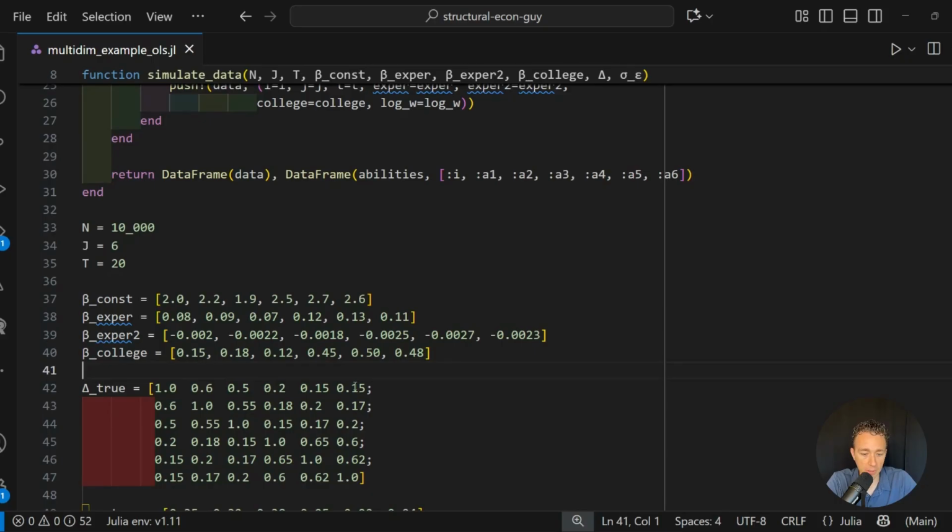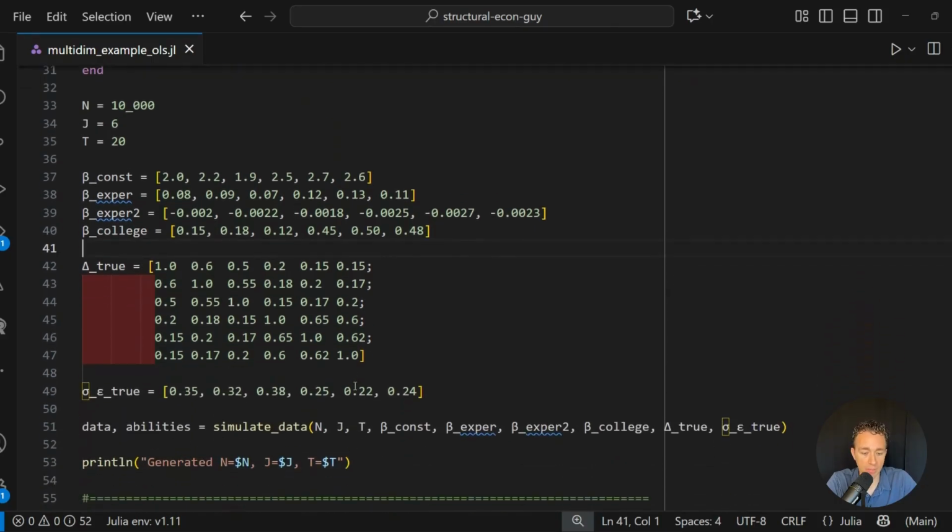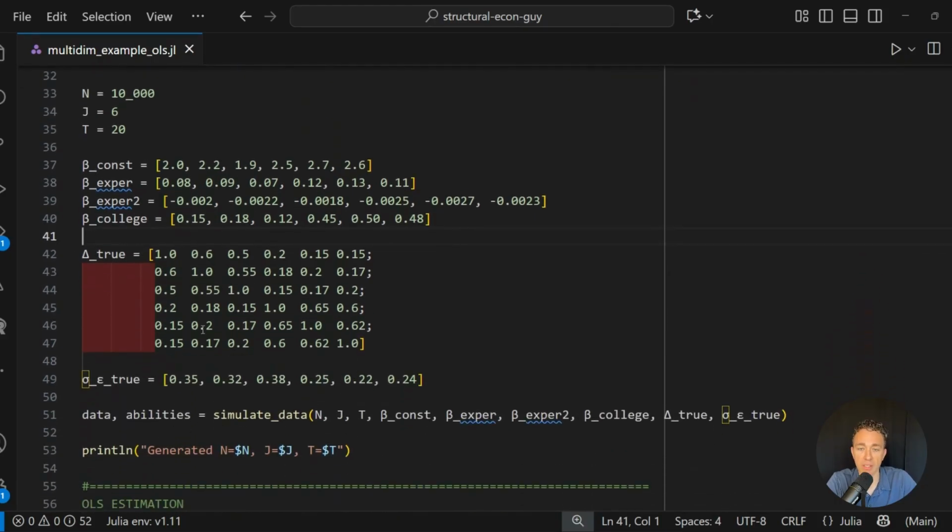And then I wanted to walk through what this 6x6 covariance matrix looks like. I wanted to set it up so that the first 3 occupations are highly correlated with each other, and the last 3 occupations are highly correlated with each other, but there's not as much off-diagonal correlation among these groups.